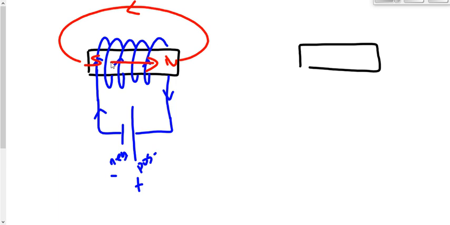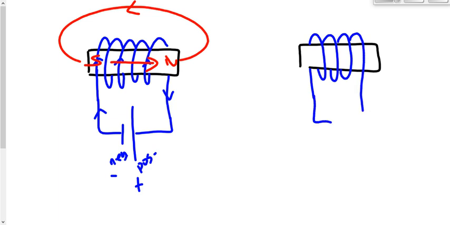Here's another coil, or here's another core, a piece of steel, a piece of iron, something that's ferromagnetic. Let's stick a wire up like this. Do you see the difference with this one? The wire's going the opposite way around. It's in behind over here instead of in front over here.